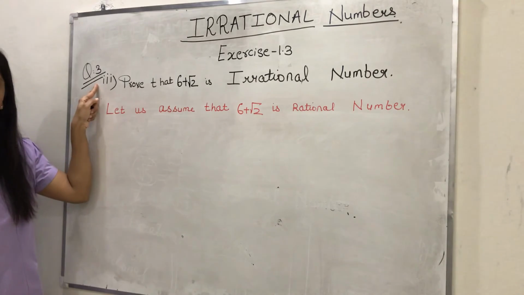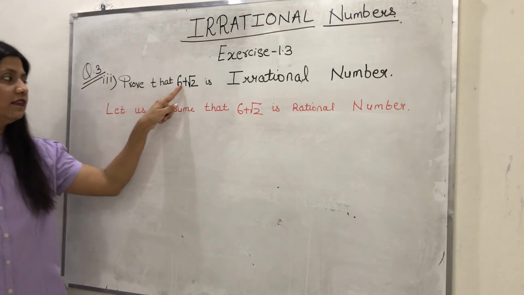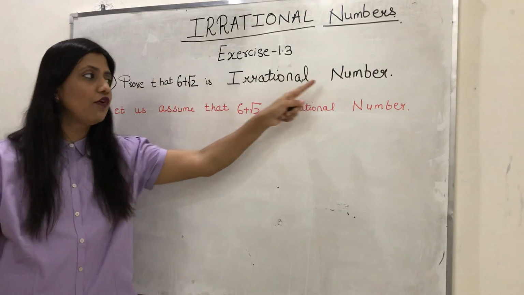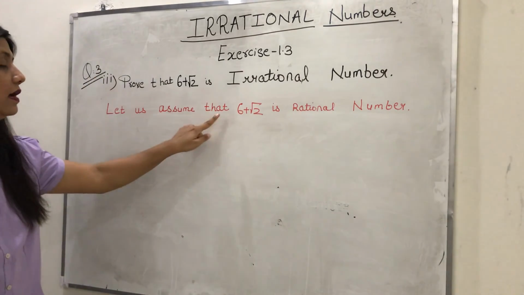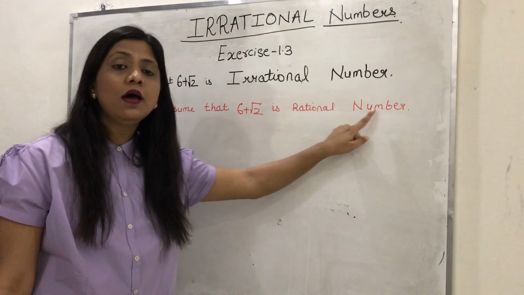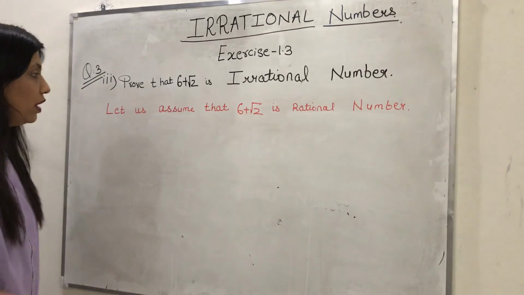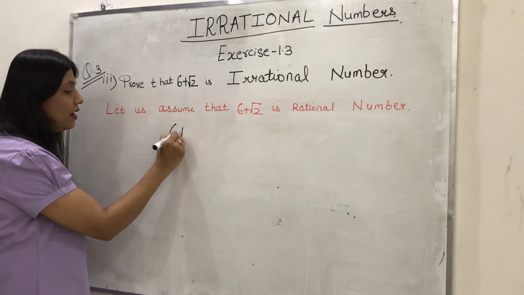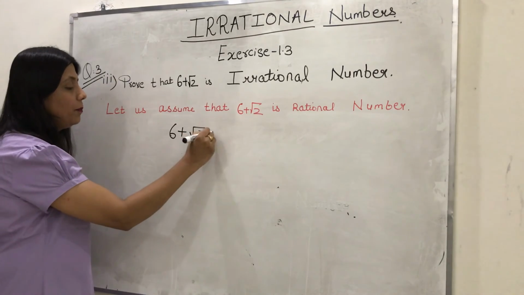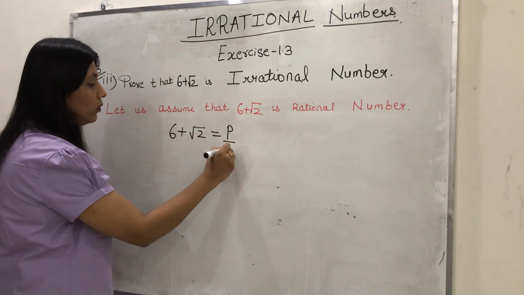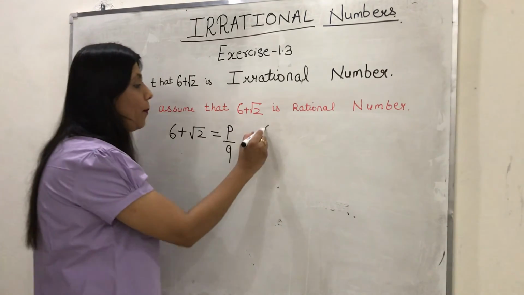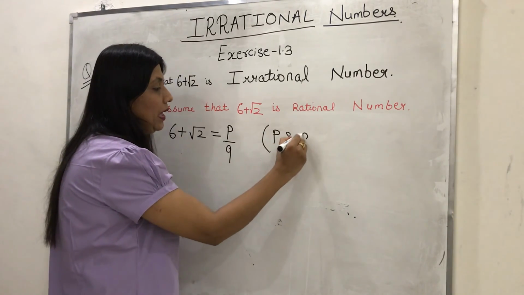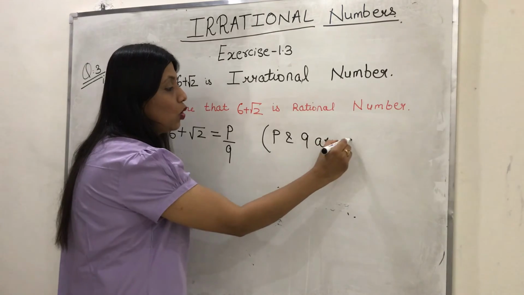Question of today's exercise: prove that 6 plus root 2 is an irrational number. Again we will assume that 6 plus root 2 is a rational number. So if it is a rational number, I can write it in the form of p by q or x upon y, where p and q are co-prime.